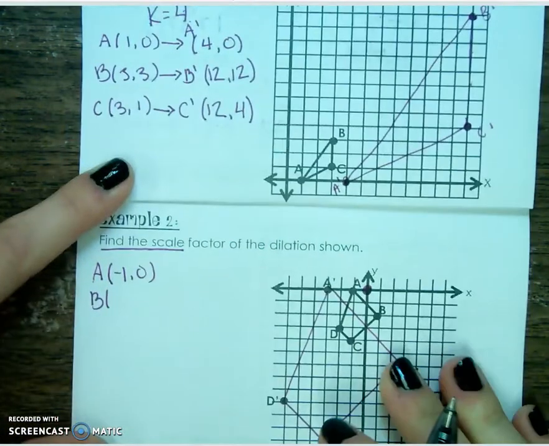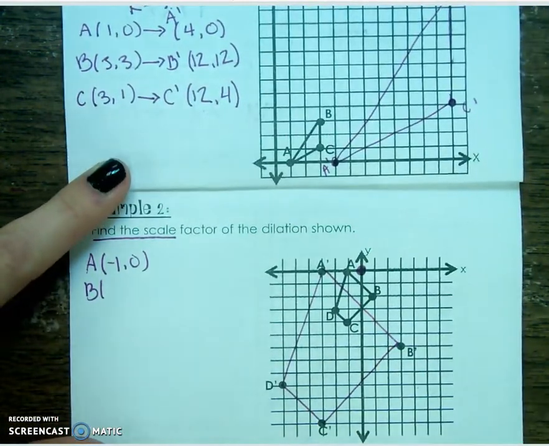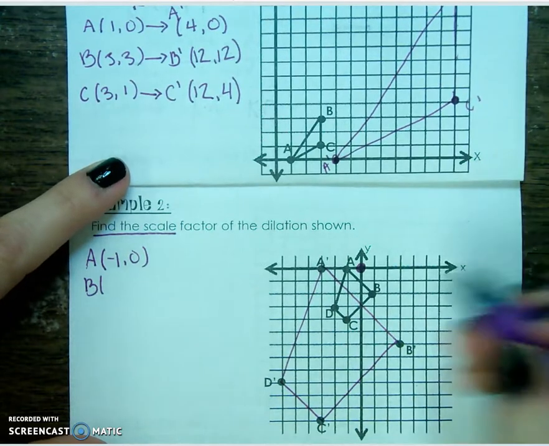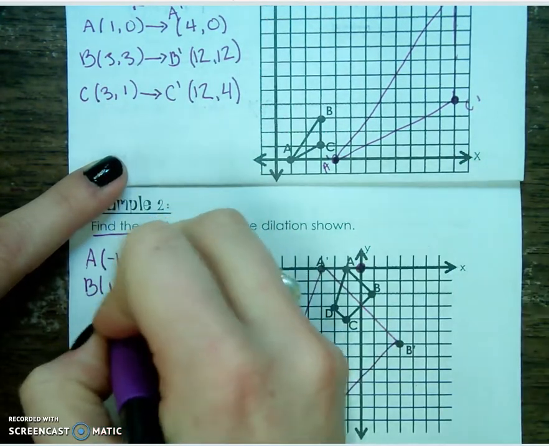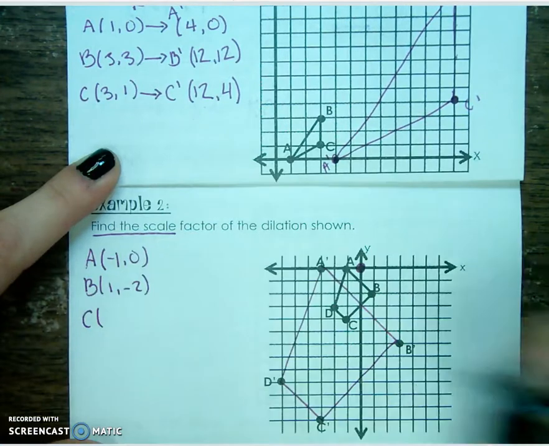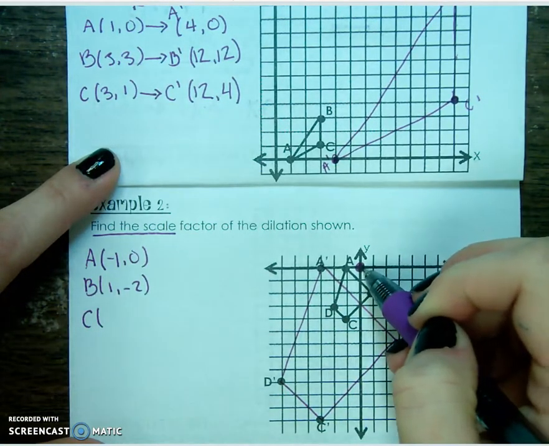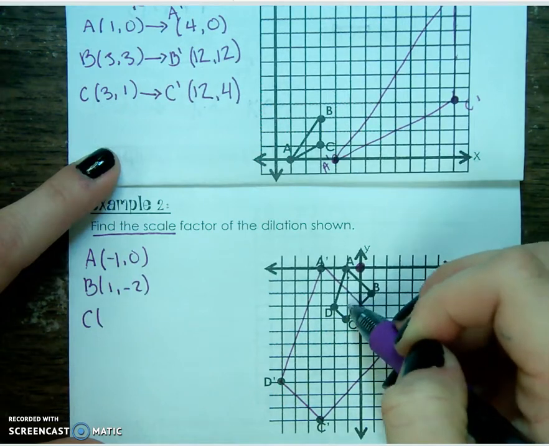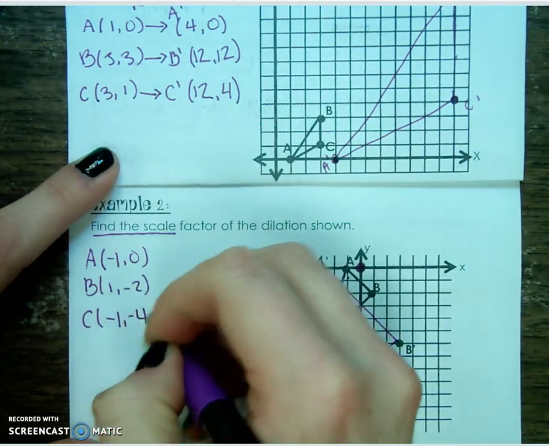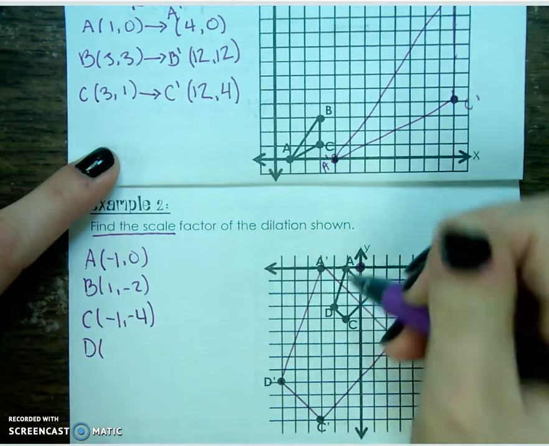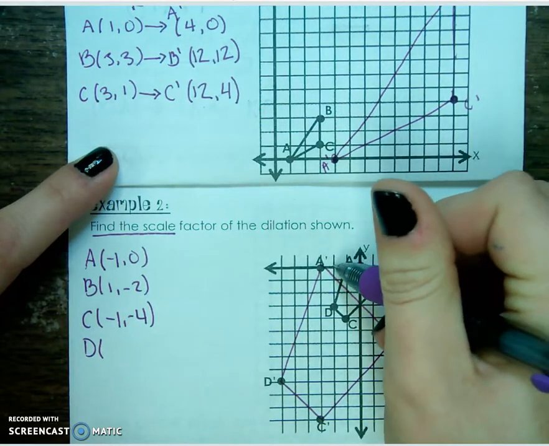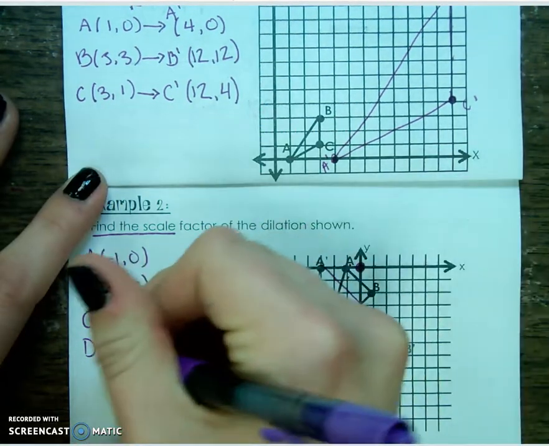I'm sorry, B's original coordinate was (1, -2). C's original coordinate was (-1, -4). And D's original coordinate was (-2, -3).